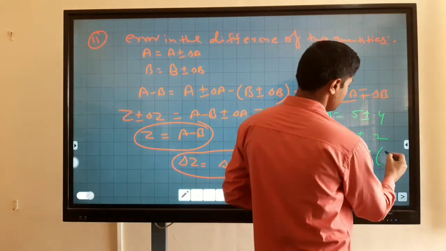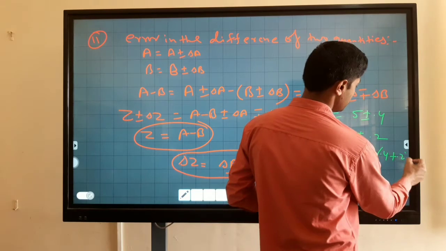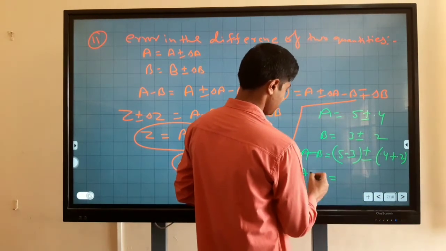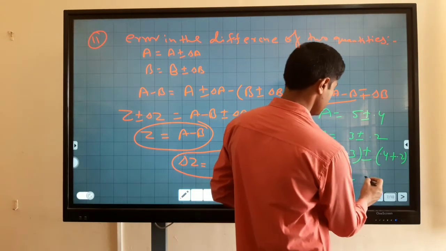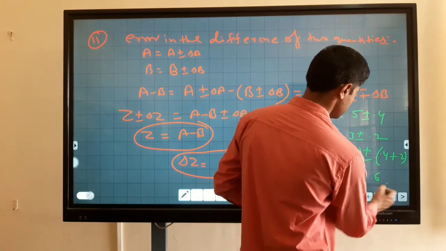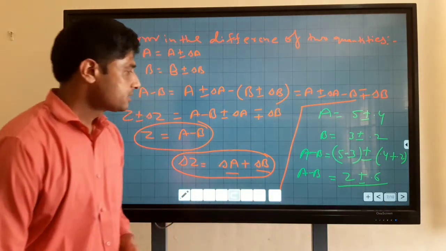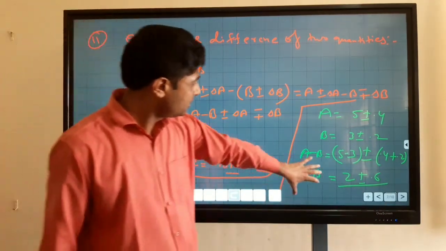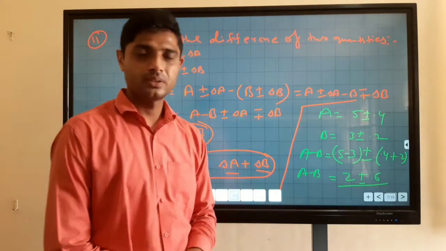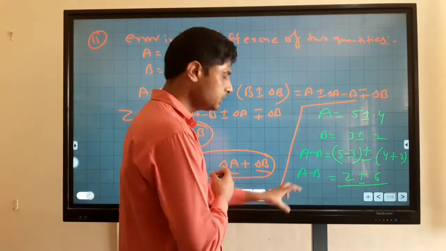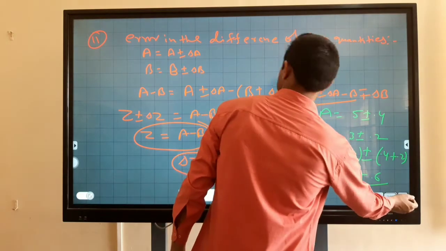It means 0.4 plus 0.2. A minus B equal to 2 plus minus 0.6. It is the difference of two physical quantities with error.